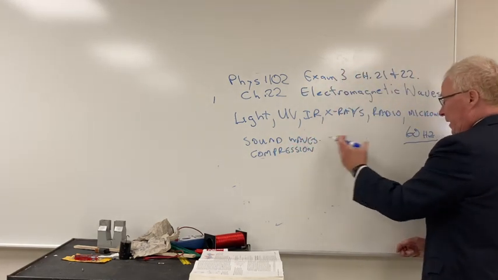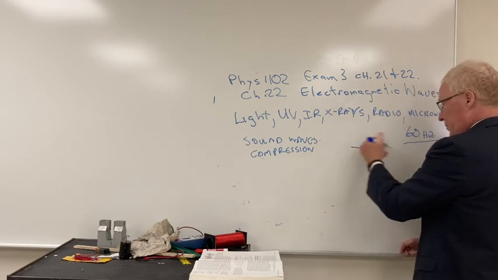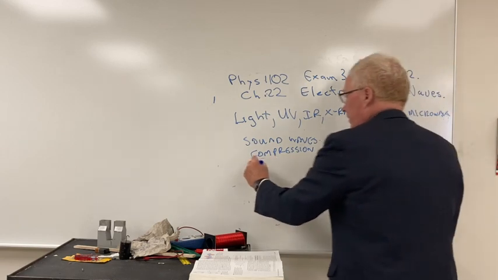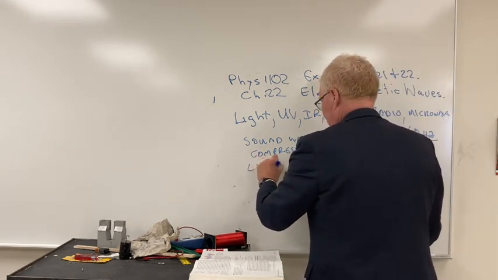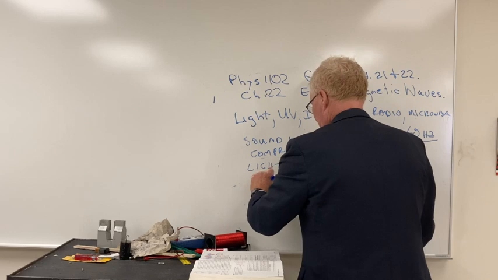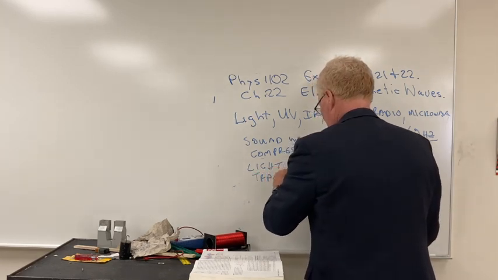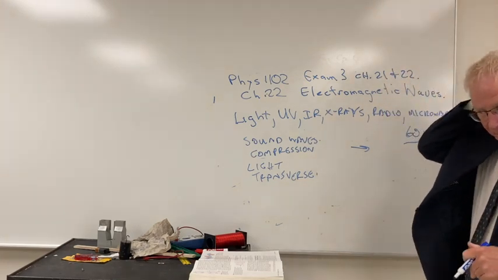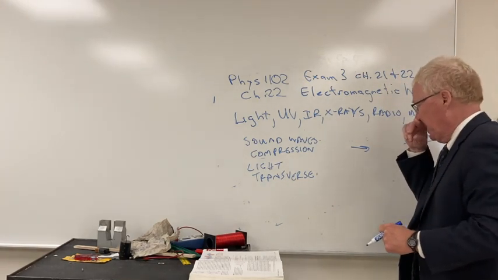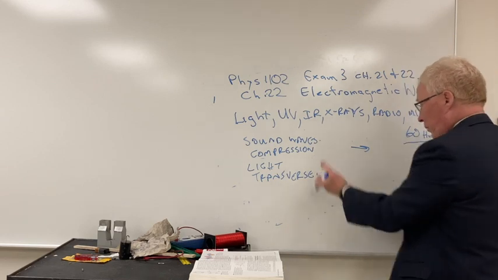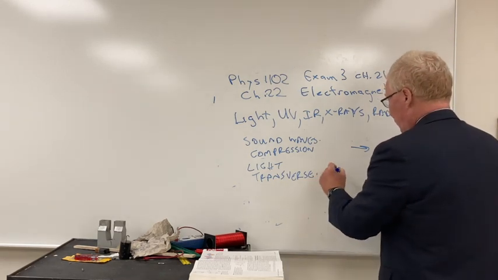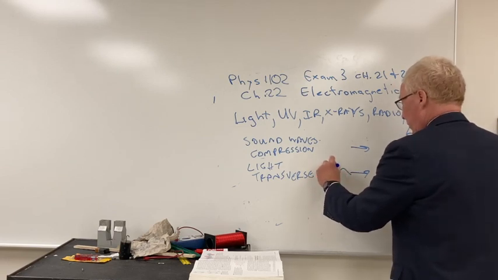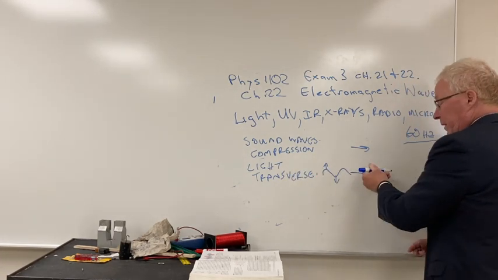They vibrate back and forth, so if the wave is going this way, they vibrate back and forth like this. Light, on the other hand, is transverse, and we'll see this when we do lab 9 coming up next. Those vibrate perpendicular to the direction that it's going. So the wave is vibrating up and down like this, but transmitting that way.